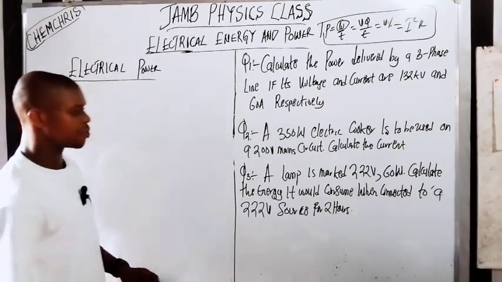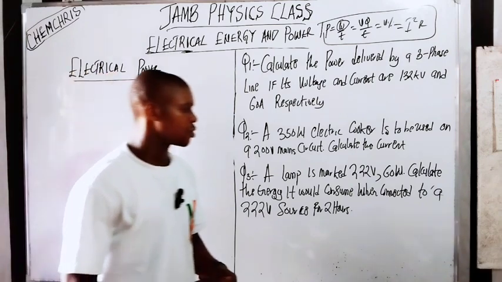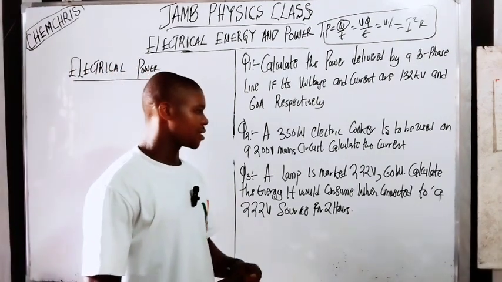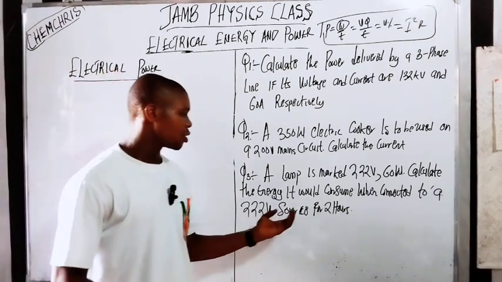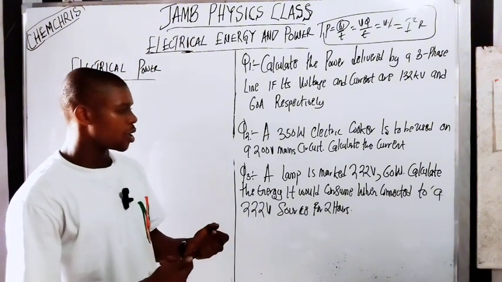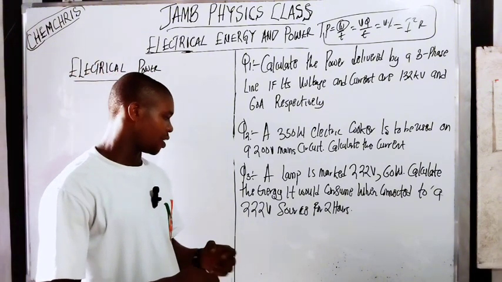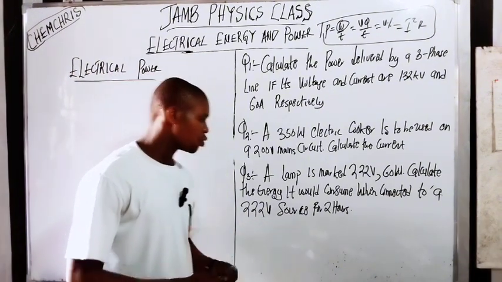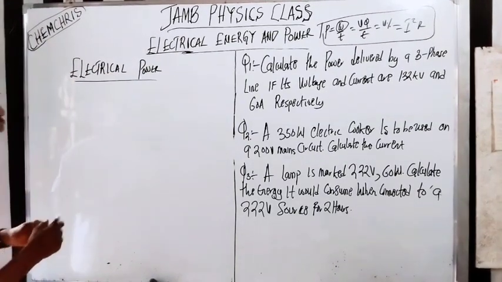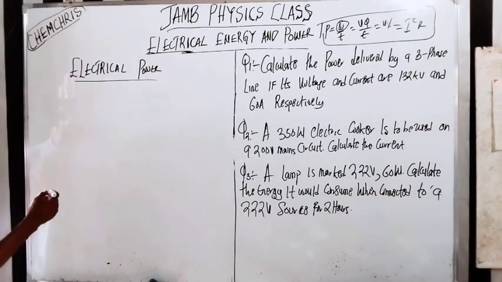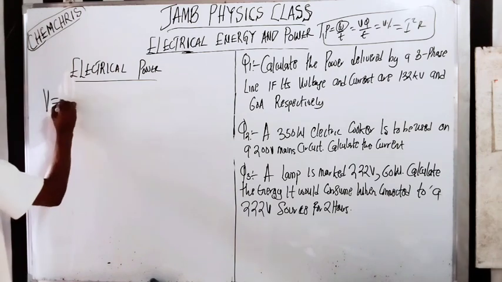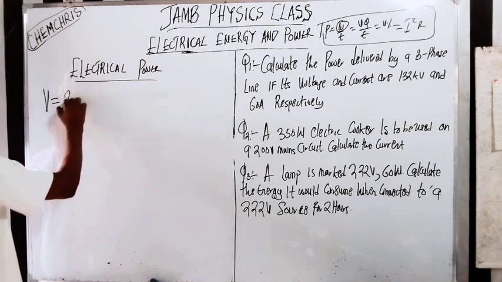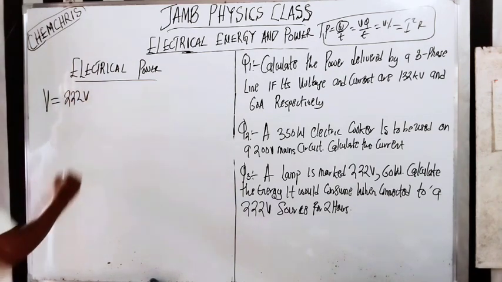They say that a lamp is marked 220 volts and 60 watts. Calculate the energy it would consume when it's connected to a 220 volt source for 2 hours. Do you understand? So my voltage, the potential difference, is 220 volts here, right?